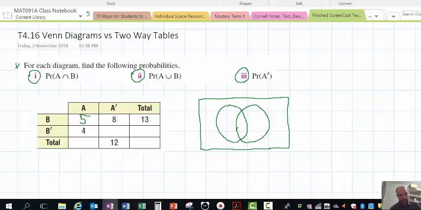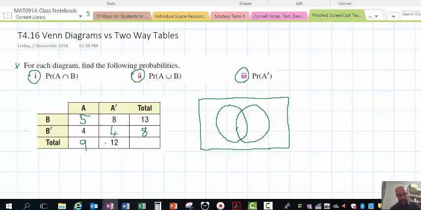Going down this column, 5 plus 4 makes a total of 9. In the A complement column, 8 plus something equals 12, so that's 4. Going across, not B, or B complement, 4 plus 4 gives a total of 8.